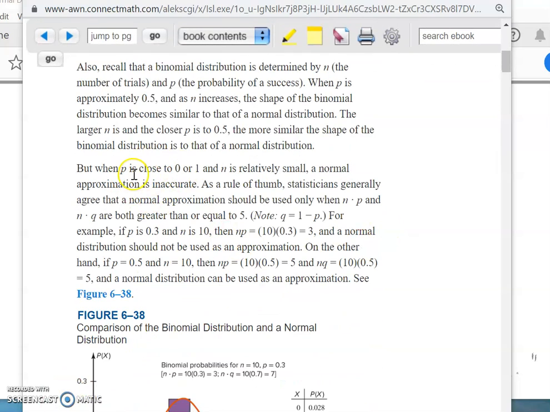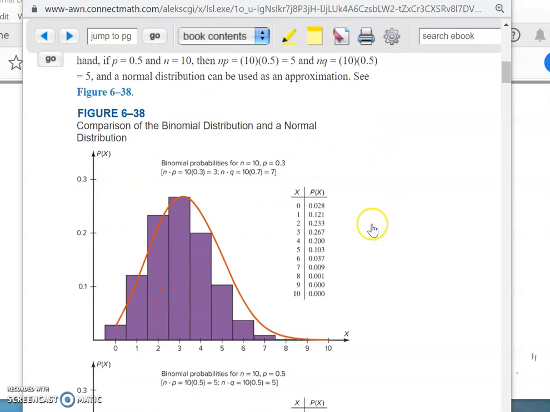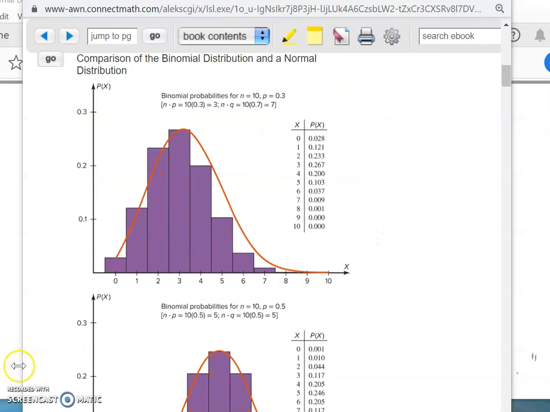If p, the probability of success, is close to 0 or close to 1, it really isn't that great, especially if n is relatively small. So it's not really appropriate to use the normal approximation. Here's the rule of thumb: n times p and n times q have to both be greater than or equal to 5. I'll let you do that yourself, but certainly we meet that condition.